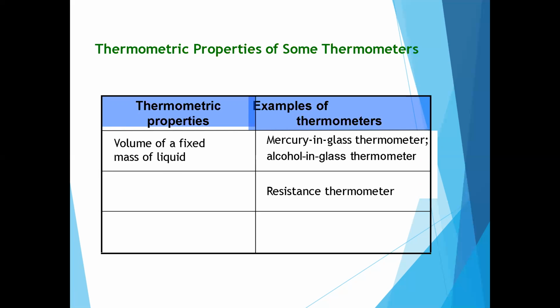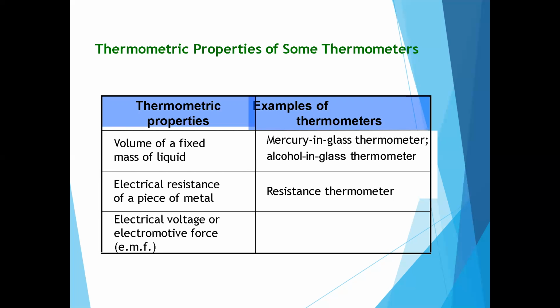And a resistance thermometer makes use of the thermometric property of the electrical resistance of a piece of metal. So if a piece of metal has an electrical resistance, we can use that property in a resistance thermometer, because the resistance of that metal will increase or decrease uniformly, linearly, and continuously with temperature.